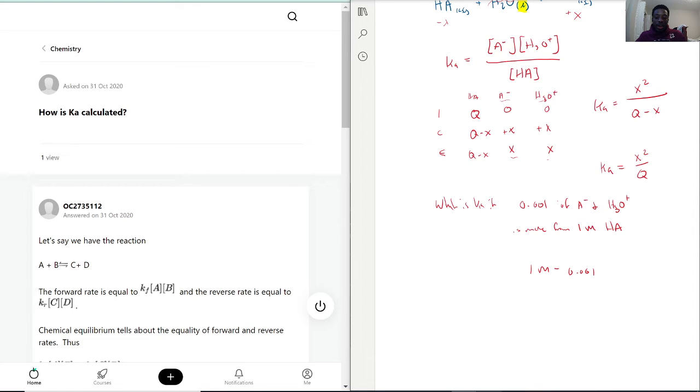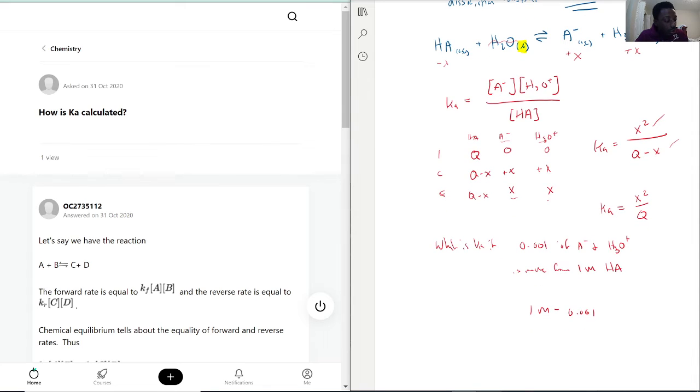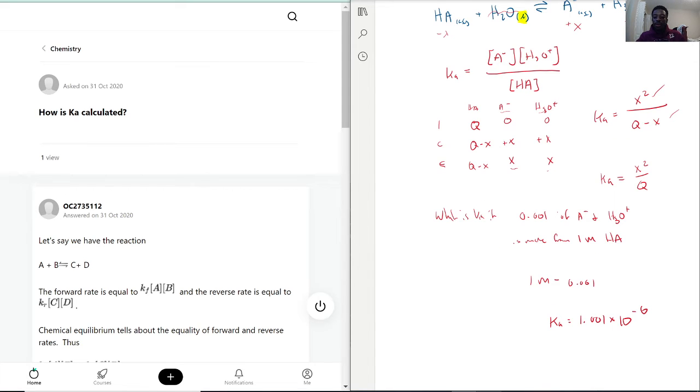And so based on this formula, we still have X squared over Q minus X. So we have X squared, which is 0.001 squared, divided by 1 minus 0.001, and then we know our Ka value would be 1.001 times 10 to the negative 6 in this theoretical case, which makes sense because that would show that this is indeed a pretty weak acid.